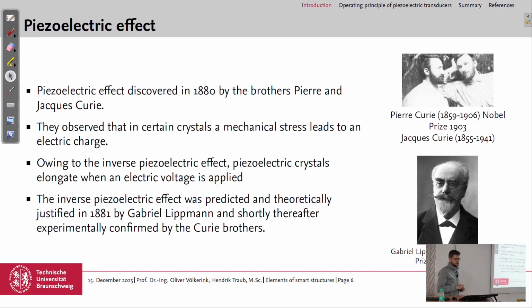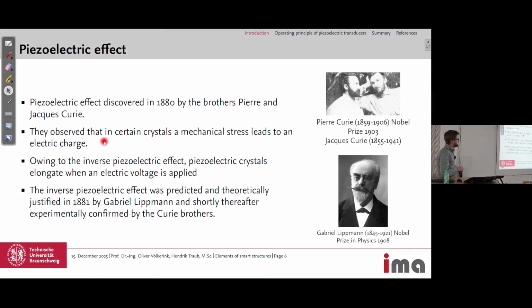So the piezoelectric effect was discovered in 1880 by the brothers Pierre and Jacques Curie. And they observed that in certain crystals, a mechanical stress leads to an electric charge, which is the direct piezoelectric effect. And owing to the inverse piezoelectric effect, piezoelectric crystals elongate when an electric voltage is applied.